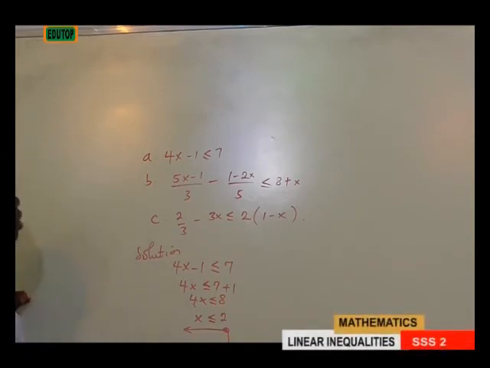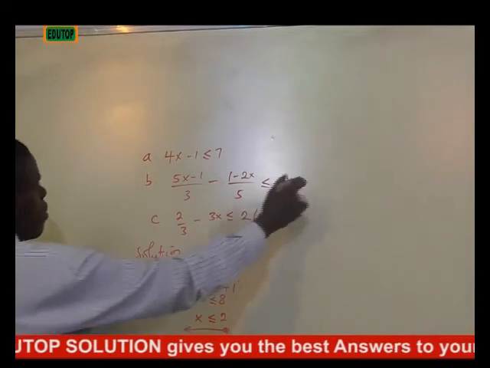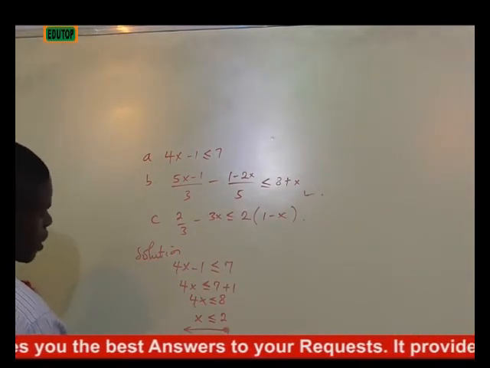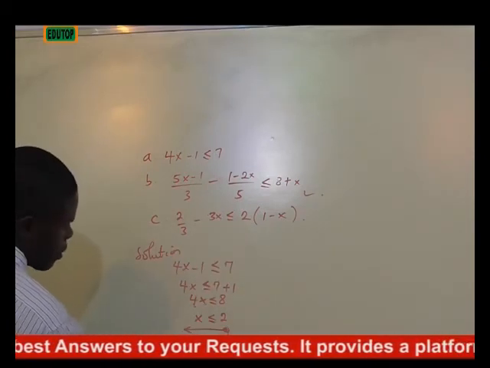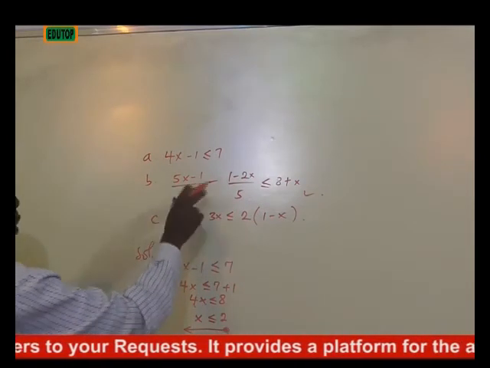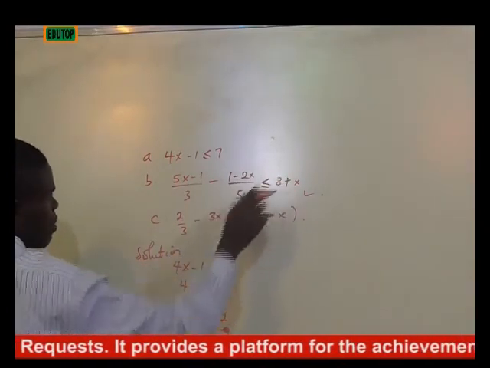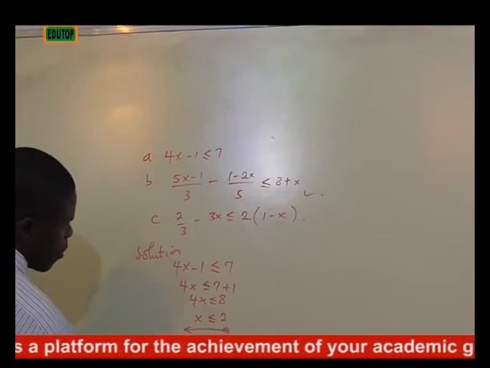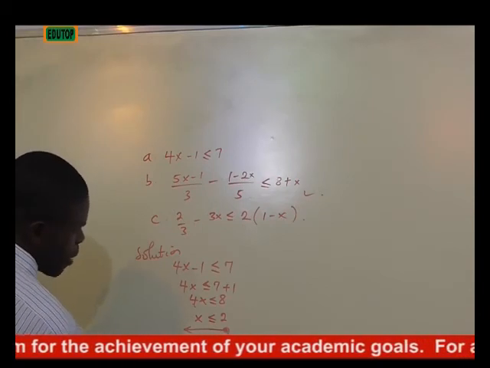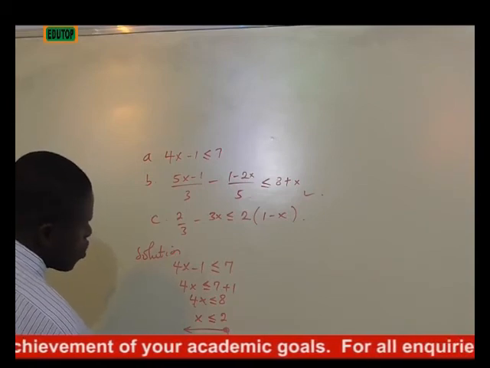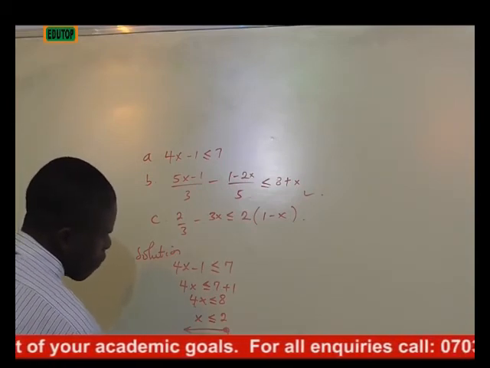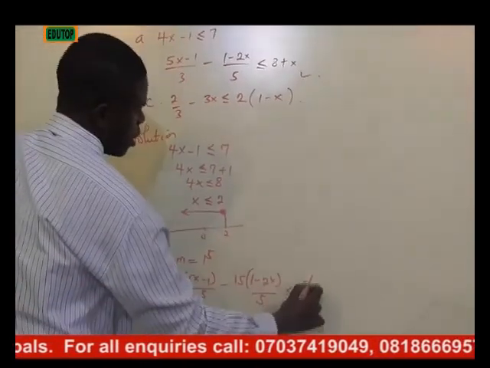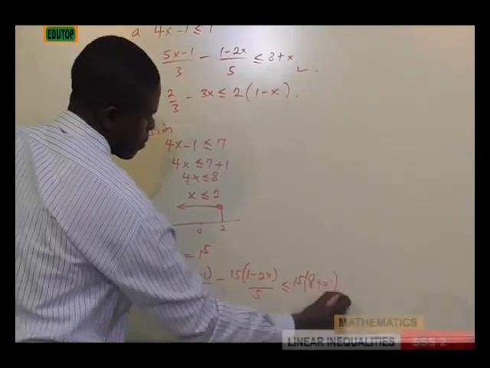Question B, we have this scenario. So the first thing we do here is to look for the LCM. Very important. And the LCM here is 15. So we multiply each term by the LCM. Multiply this by 15, multiply this by 15, multiply this by 15. So that will be 15 times (5x minus 1) over 3 minus 15 into (1 minus 2x) over 5 less than or equals to 15 into (8 plus x).